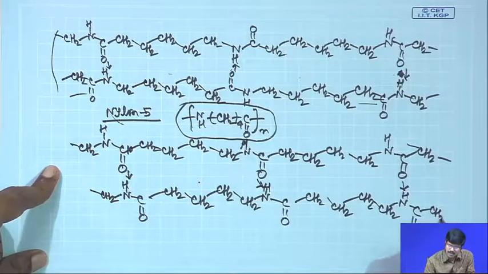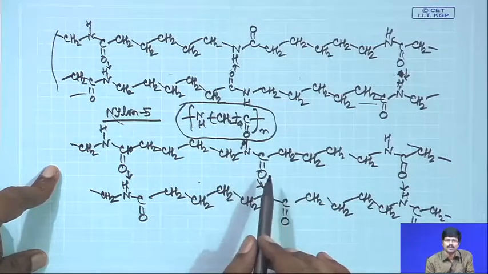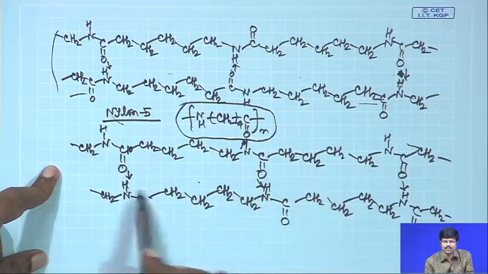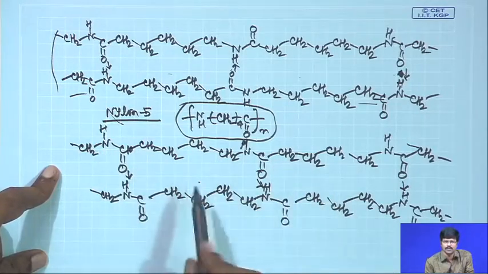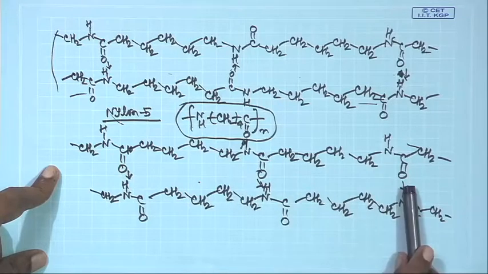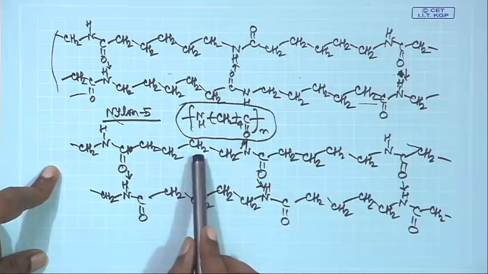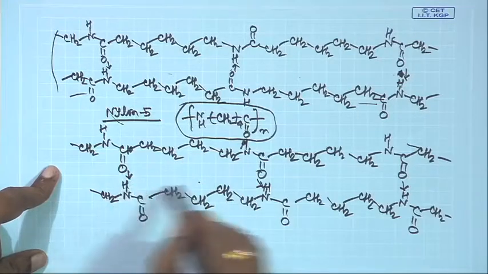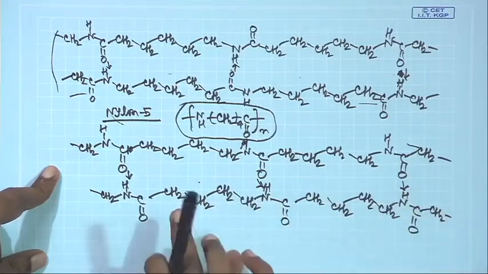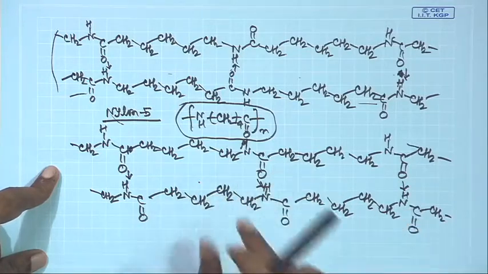So, you see, if you have an even number of carbon atoms between the amide units and you place the two chains in a parallel fashion, you will have all the hydrogen bonding interactions satisfied. Unlike the case where instead of 4 CH2 units you had 5 CH2 units, then in order to effect all the hydrogen bonding interactions you have to flip one of the chains and put it in an anti-parallel fashion.